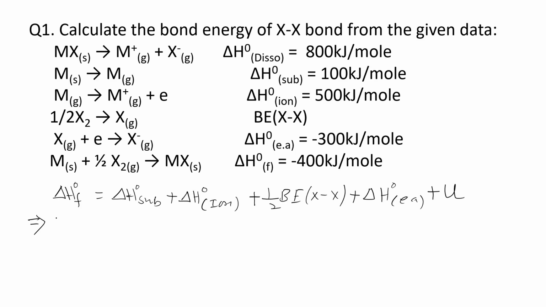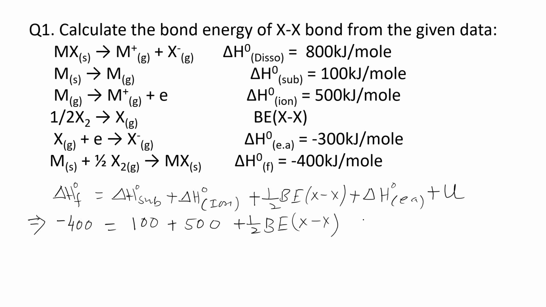What are the values? Enthalpy of formation value is minus 400 is equal to sublimation value is 100 kilojoules per mole. Okay, then ionization value is 500, right? And then we have to determine half bond energy of this XX bond.